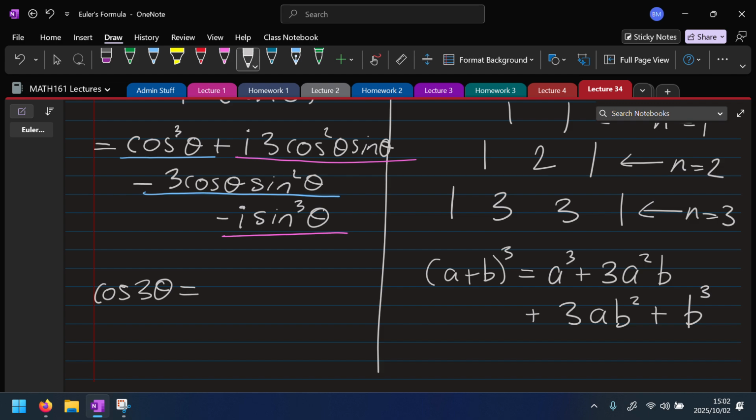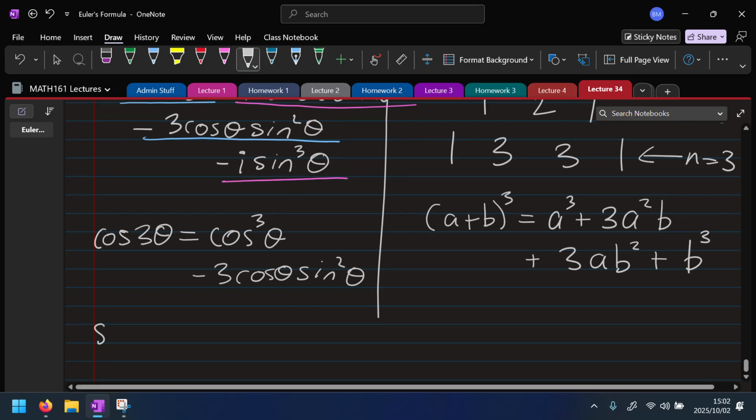So it will be cos cubed and that middle term over there, minus 3 cos theta sine squared. So this is cos cubed minus 3 cos theta sine squared. Okay, is everyone okay with that bit? All good.